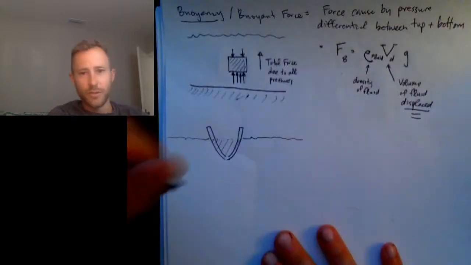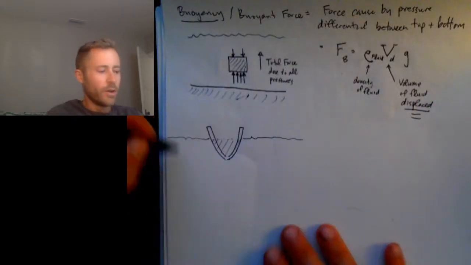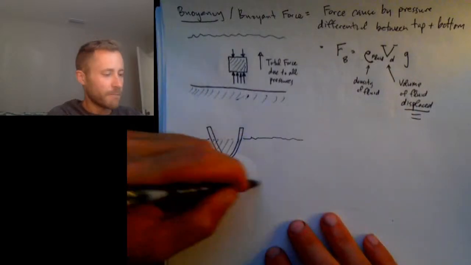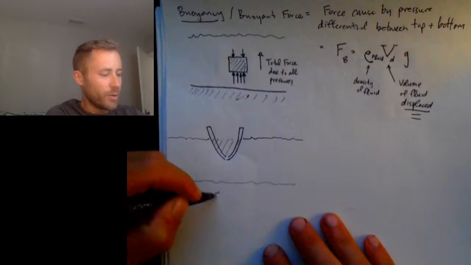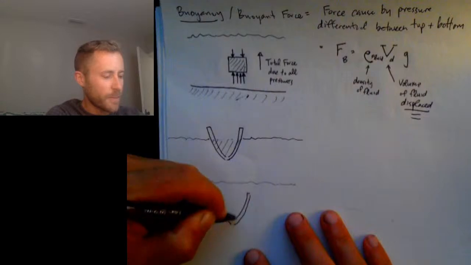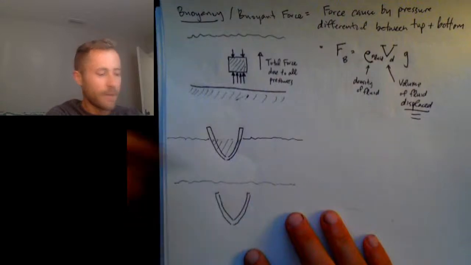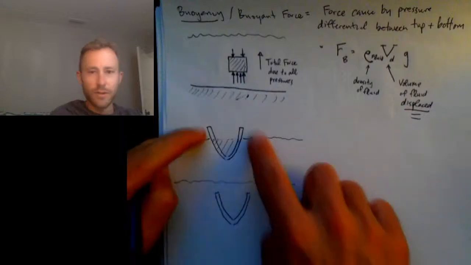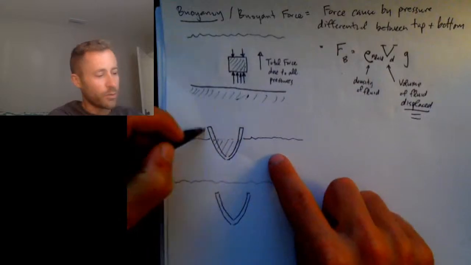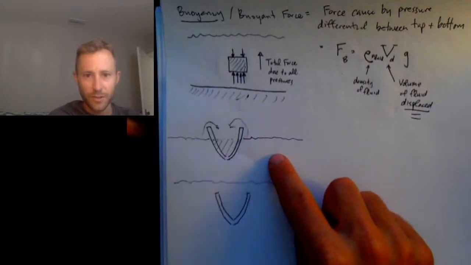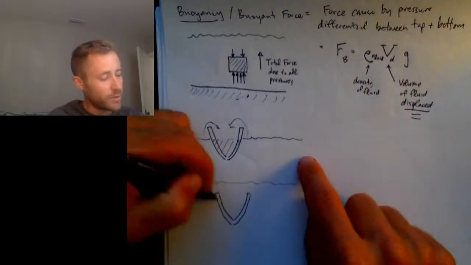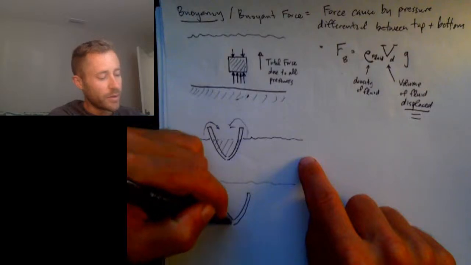Now here's something interesting. What if the boat got pushed below the surface of the water? So now you have the boat below the surface of the water like this. Obviously, once the edge of the boat dips below the surface, all the water is going to rush in to that space, right? So in that case, the only volume displaced is this volume right here.